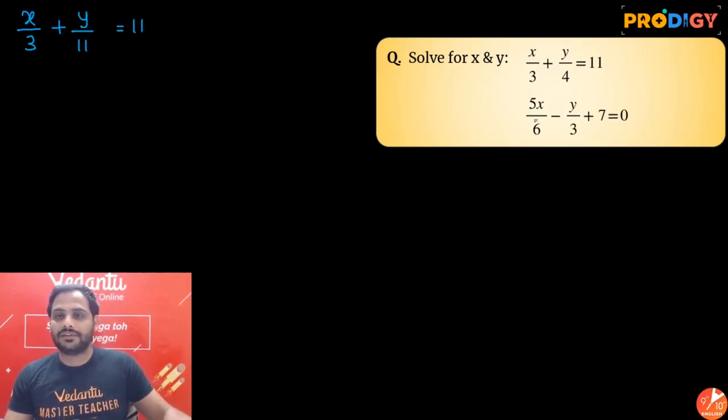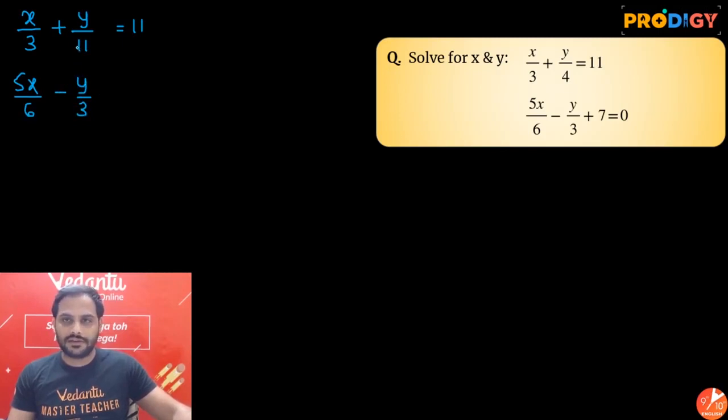And here we have 5x by 6 minus y by 3 is equal to minus 7.